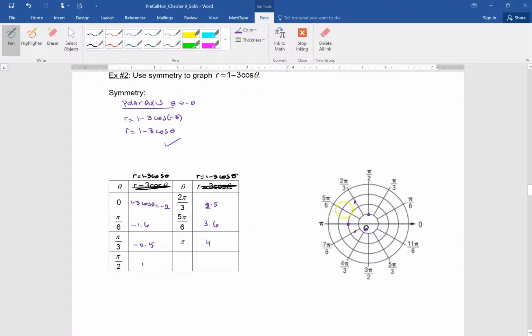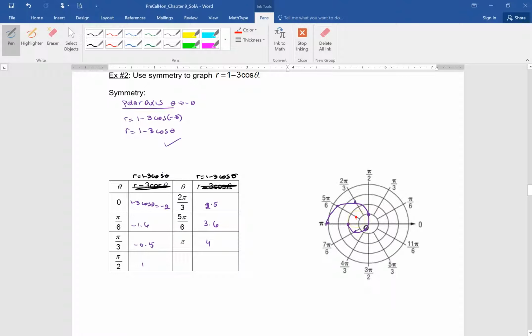Remember, we only went from 0 to pi. So we have the other symmetric parts to this, from pi to 2 pi. So everything now has to be mirrored around the polar axis. Anything that's on the polar axis doesn't get mirrored, because it's right there. So this one gets mirrored up.